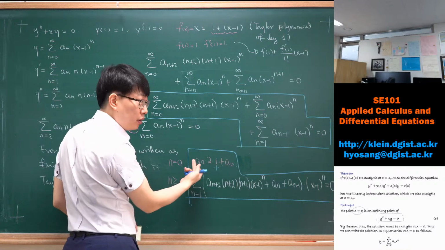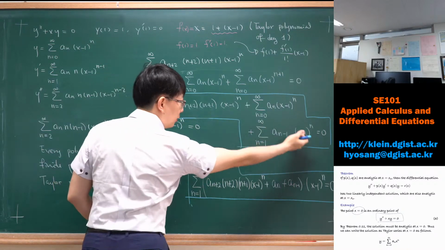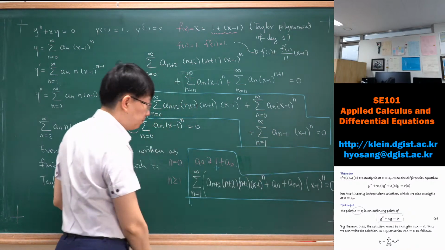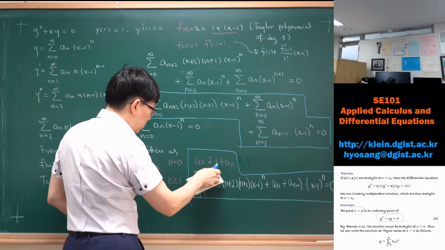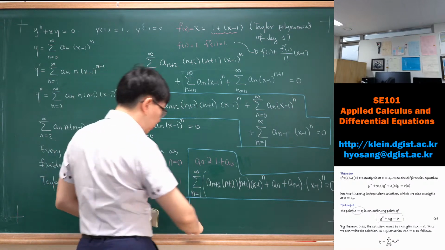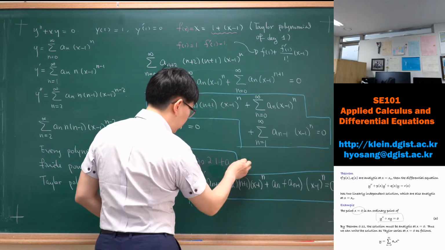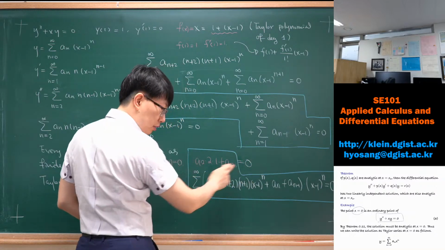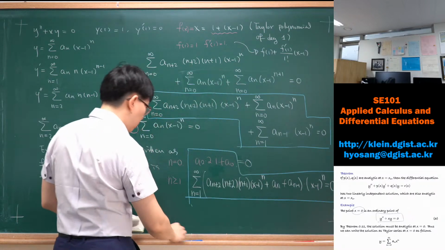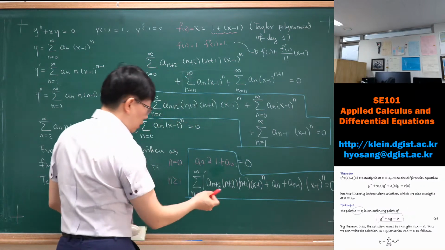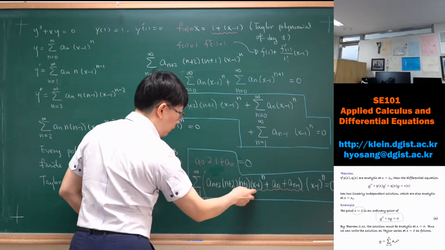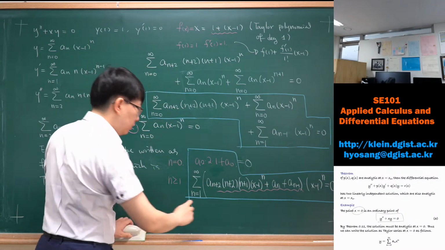But you have to separate the constant term because you don't have a constant term in the last summation. So now everything must be 0, coefficient-wise. This constant term must be 0, and this sum must be 0. And then, if you select the coefficient of each exponent, that must be 0 too.